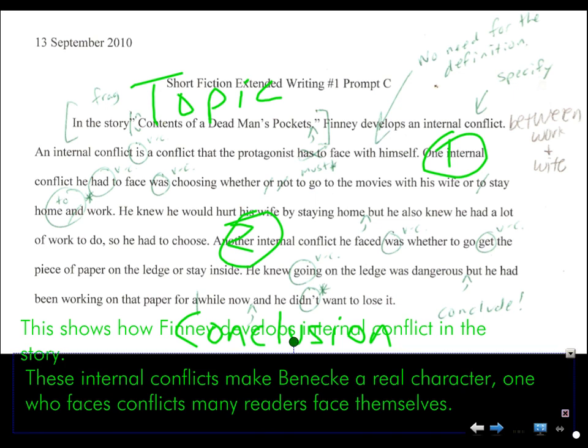Now, have I still talked about generally what the topic sentence says? Yeah, because it says Beneke faces internal conflicts. That's contained in that sentence. But there's an added little idea for interest, saying it makes him a real character because he's facing real struggles.